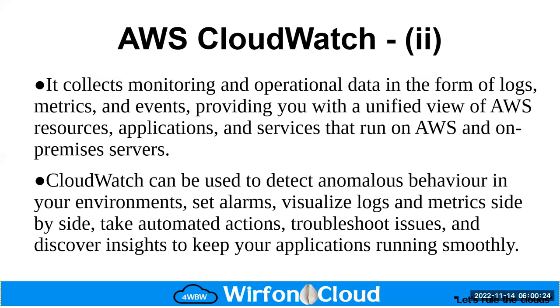It means that maybe what you have provisioned is not enough, so you need to launch another EC2 to take up the workload. You can also use CloudWatch to troubleshoot issues and discover insights to keep your applications running smoothly.